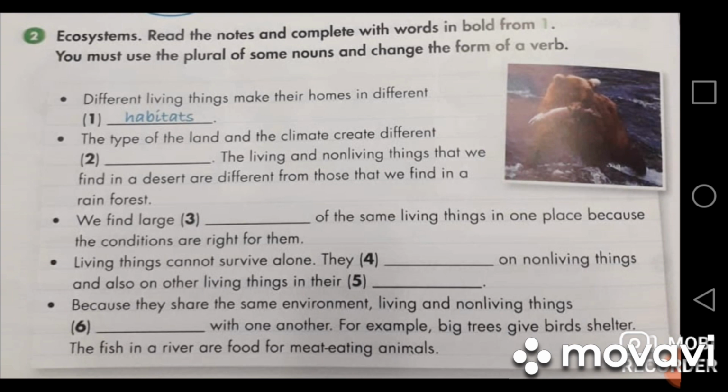Because they share the same environment, living and non-living things dash with one another. They interact with one another. For example, big trees give birds shelter. The fish in a river are food of meat-eating animals. Quickly complete question number 2 with the help of words which are given in bold in question number 1.